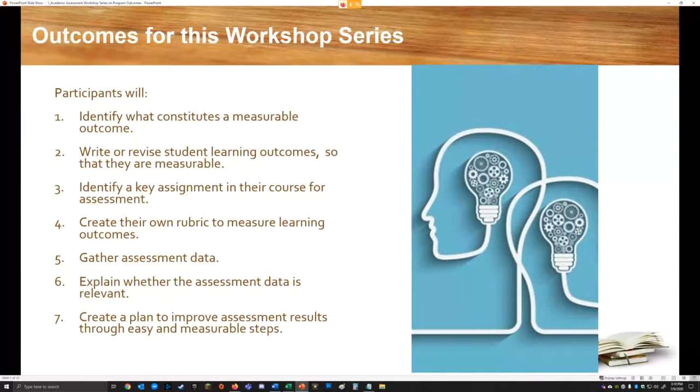You will create your own rubric to measure your learning outcomes. You'll gather assessment data, explain whether the assessment data is relevant, and then create a plan to improve your results from your course through the assessment data with easy and measurable steps. Next.